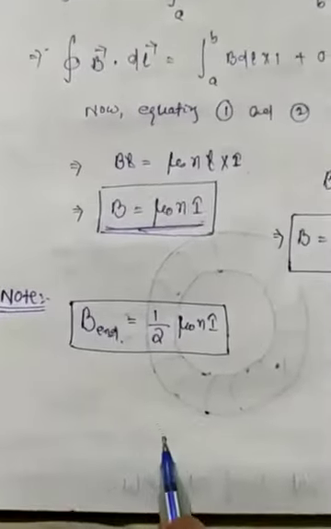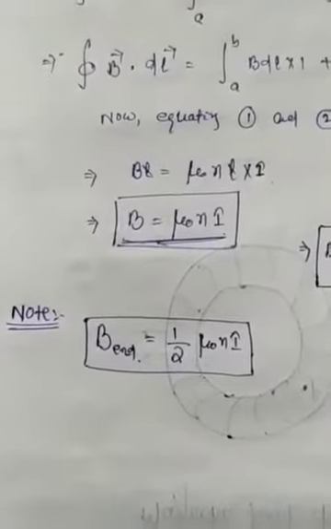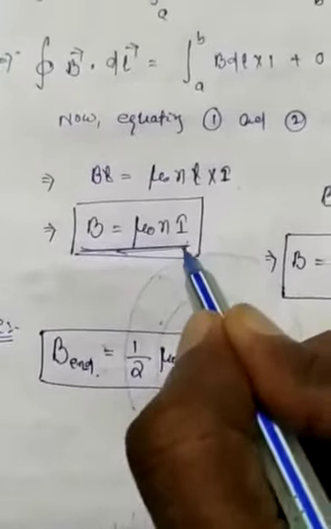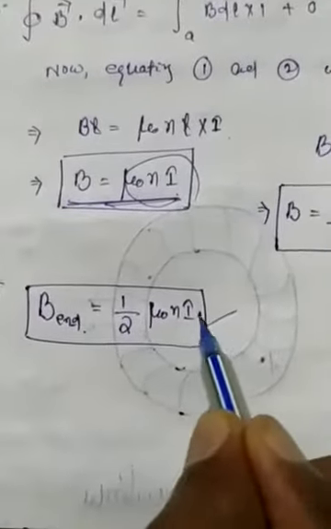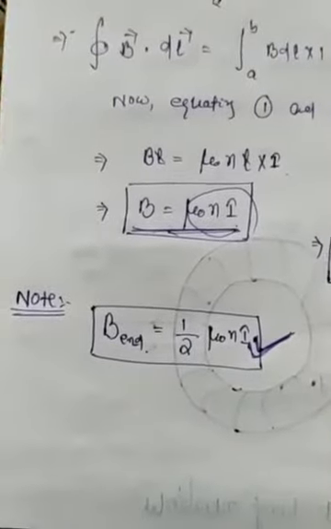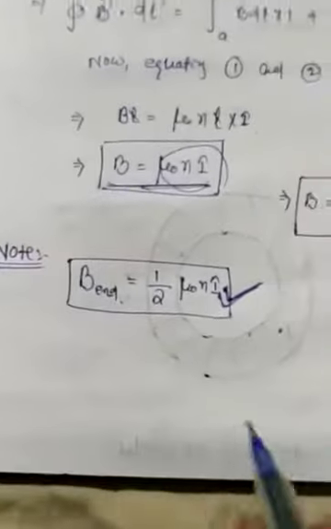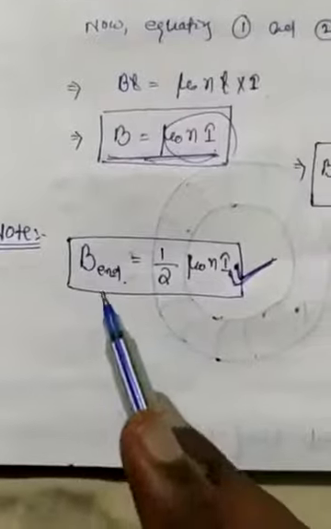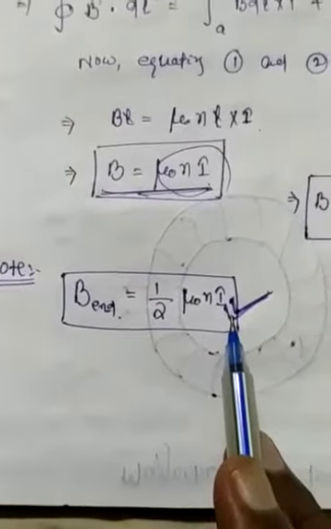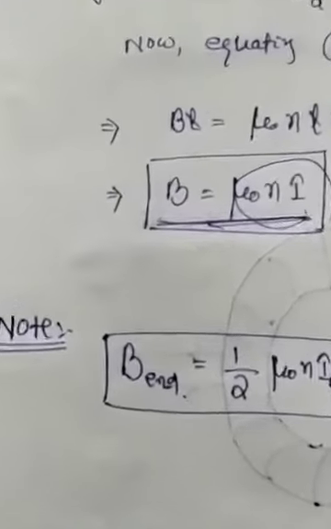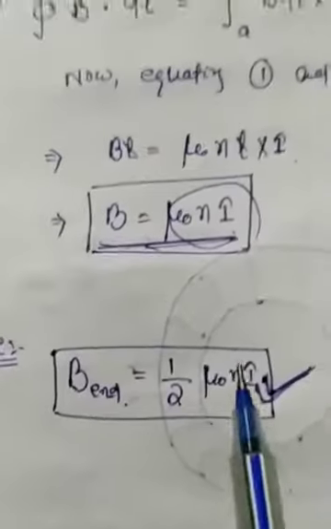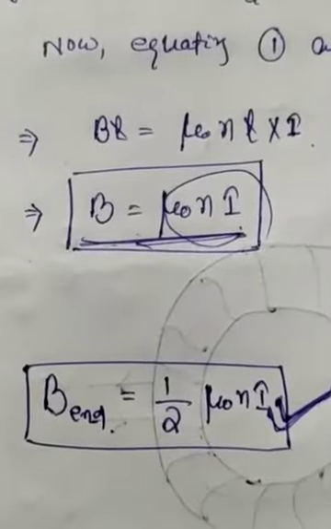Now the magnetic field at the end of a solenoid is given by B equal to half of this value, and its proof you have to read in a higher class. But remember that the magnetic induction at the end of the solenoid will be half of its magnetic strength. The magnetic field inside the solenoid is uniform.